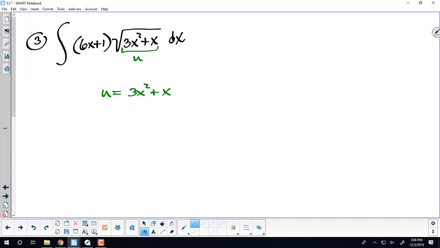You'll end up putting it all together at the very end, but I just want to write this out as it would be. All we've accounted for is the square root, that's u, and then this is still dx. So we still have to account for this 6x plus 1 and this dx in terms of u. That's where the derivative of u comes into play.